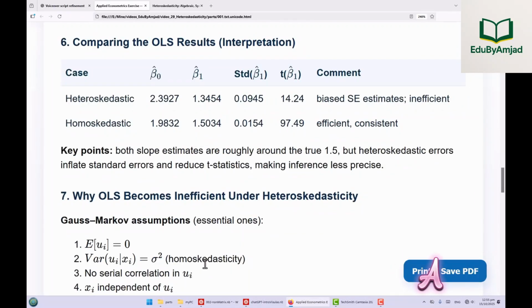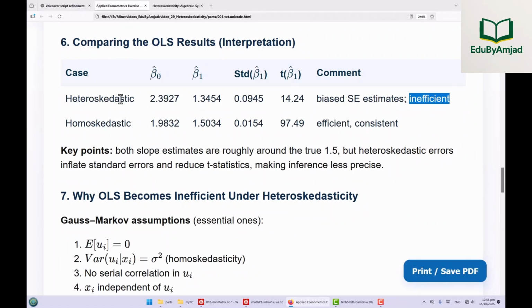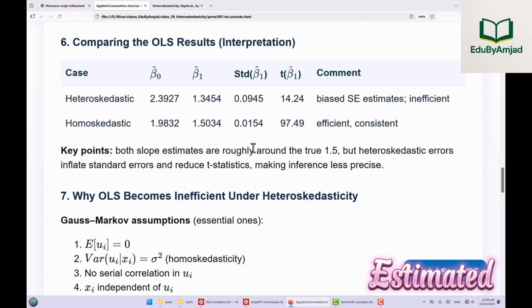Now, here is a table showing two sets of OLS results. One based on heteroskedastic data, and the other on homoskedastic data. The important point to note is that OLS becomes inefficient under heteroskedasticity, although the estimated regression coefficients are roughly the same.